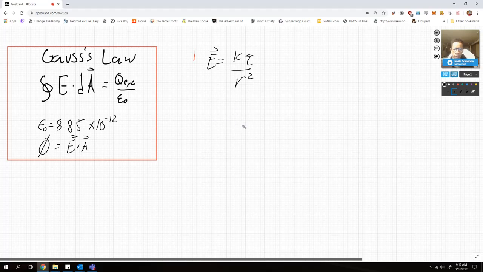So, for example, if I have a point charge and then another point charge, this one's negative, this one's positive, and then maybe another point charge here, and then my axis is something like this. This is not a symmetrical distribution.